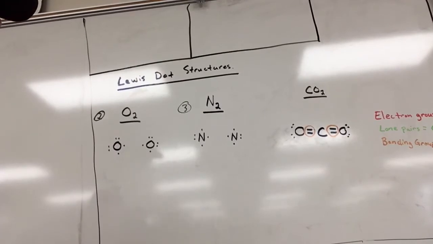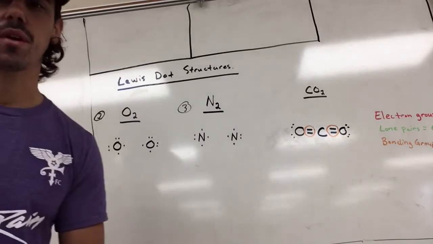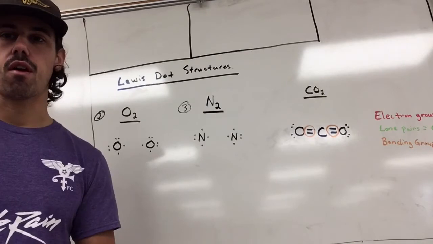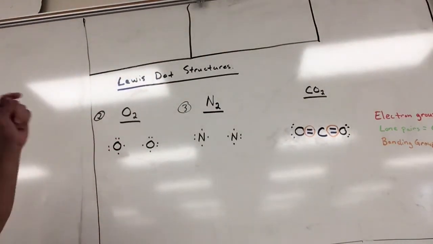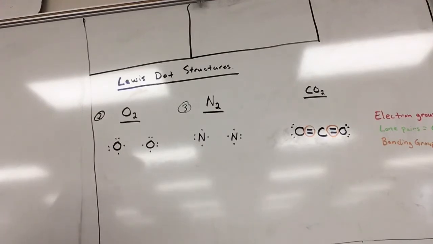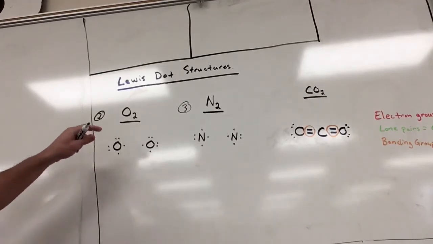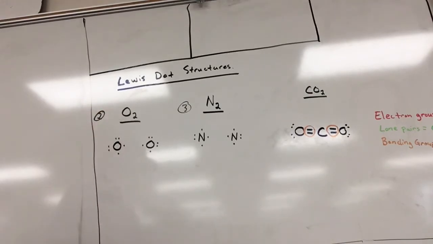Okay, so if you don't have your prediction done yet, pause the video, finish your prediction, and then start playing it again. It doesn't matter, I'm going to give you points regardless of whether you get it right or wrong, so don't worry about it. But we're going to first start with oxygen and look at what kind of bonds are going to form between a diatomic molecule, O2.